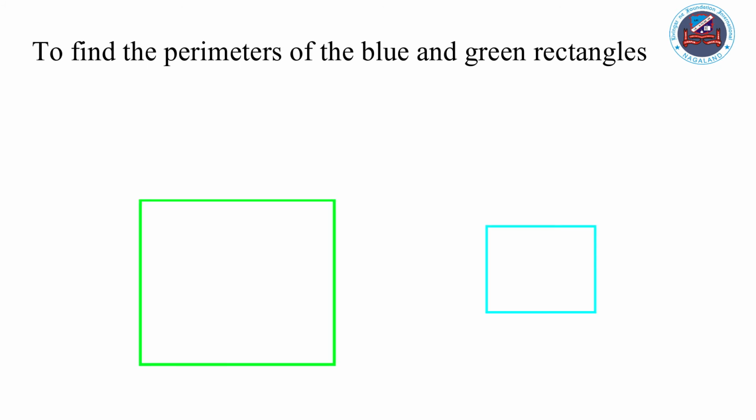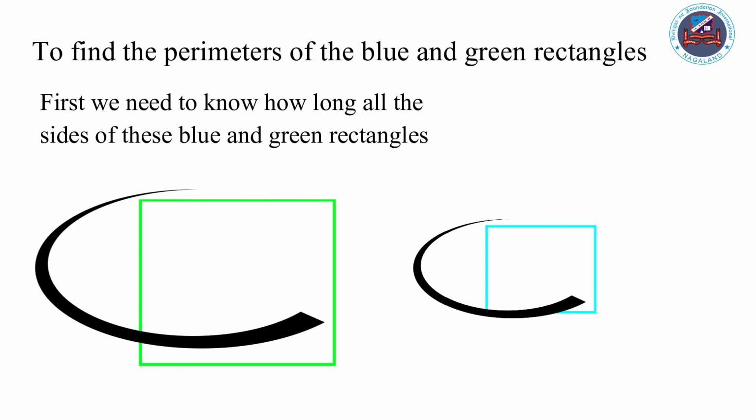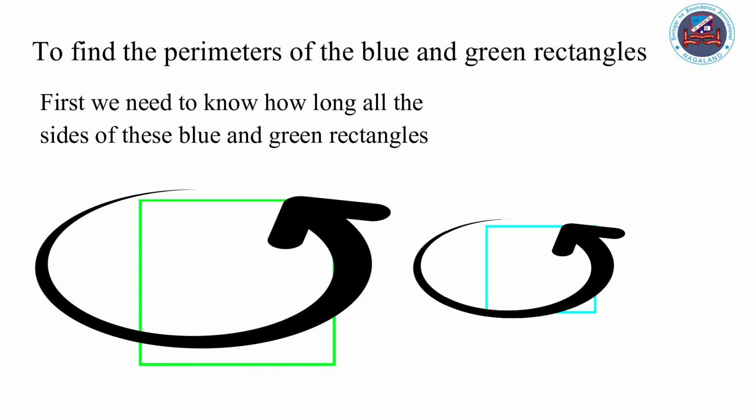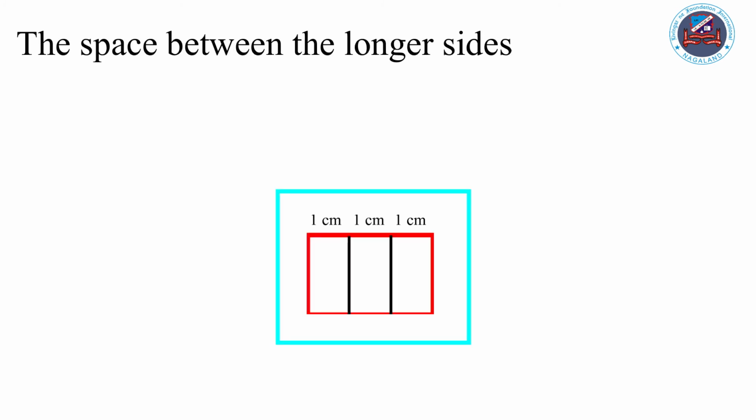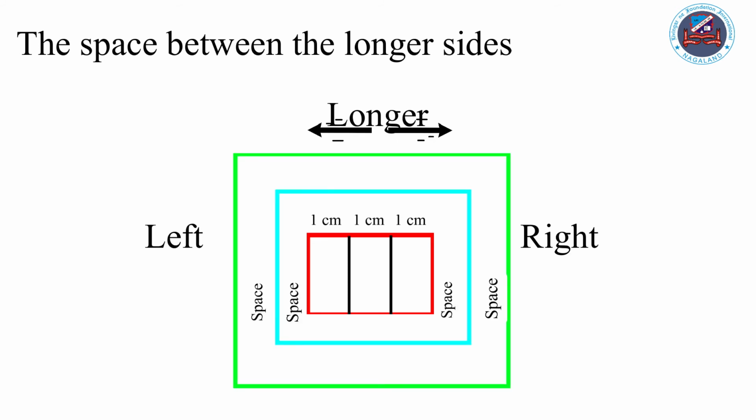To find the perimeters of the blue and green rectangles, first we need to know how long all the sides of those blue and green rectangles are. We know that the longer side of the red rectangle is 3 centimeters. So we divide this into 3 sections, taking each section as 1 centimeter. The space between the red and blue rectangle, and blue and green, to the left and right of the longer sides of the rectangles is the same as each section of 1 centimeter.